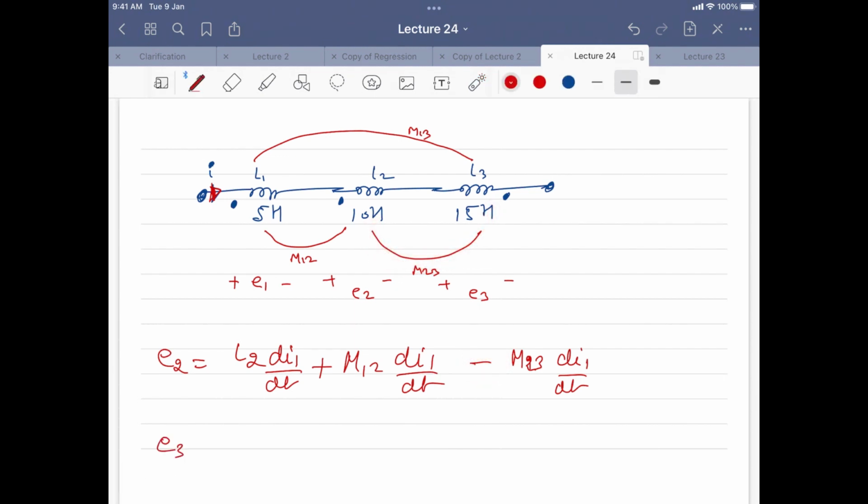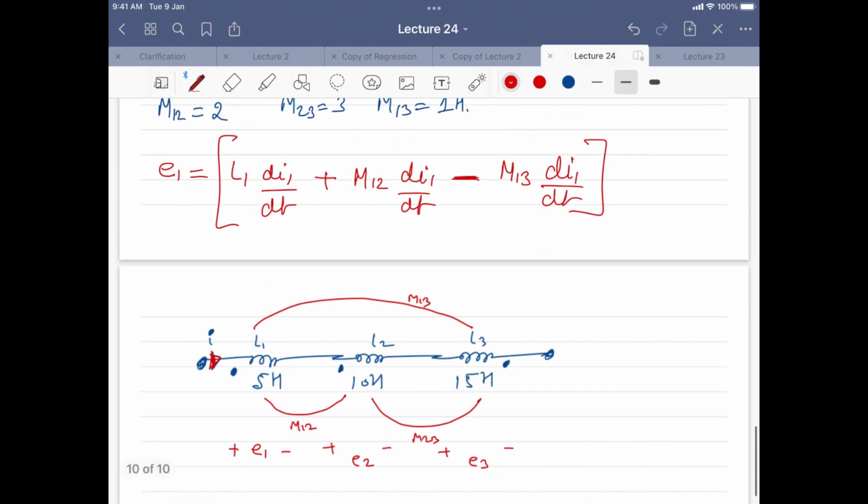Similarly, E3 is L3 dI1 by dt plus M13, which will be negative, right? Minus M13 dI1 by dt minus M23 dI1 by dt.